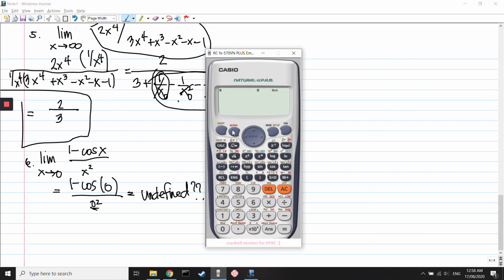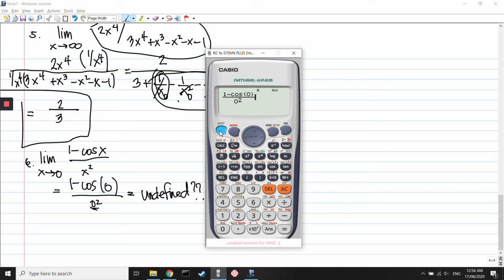So we need to input the formula: 1 minus cos over 0 squared. I need to set the calculator to radian form, because as you can see, this is in degree form, the normal form of numbers we usually use.